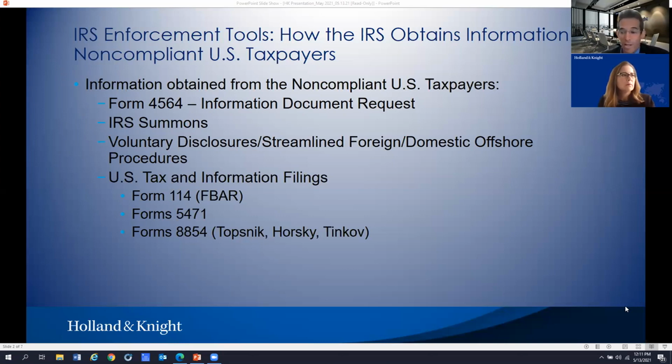He filed the 8854. The problem for him is he failed to reflect that he happened to own $1 billion worth of stock through a BVI entity. And so that didn't go over real well either. The key piece being here, the IRS has a number of ways to get information on US taxpayers who are not doing the right things.